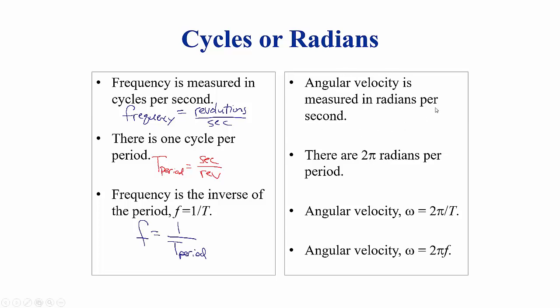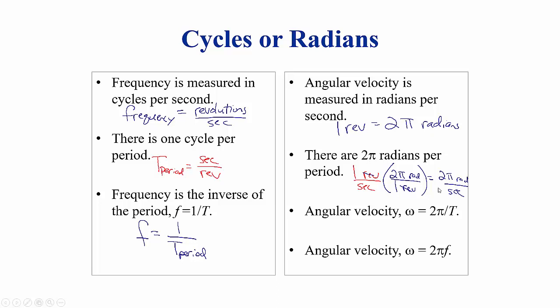Angular velocity is radians per second. One revolution is 2 pi radians. In one period, the object turns through 2 pi radians, one revolution. If something has an angular velocity of 1 revolution per second, that would be 2 pi radians per second.